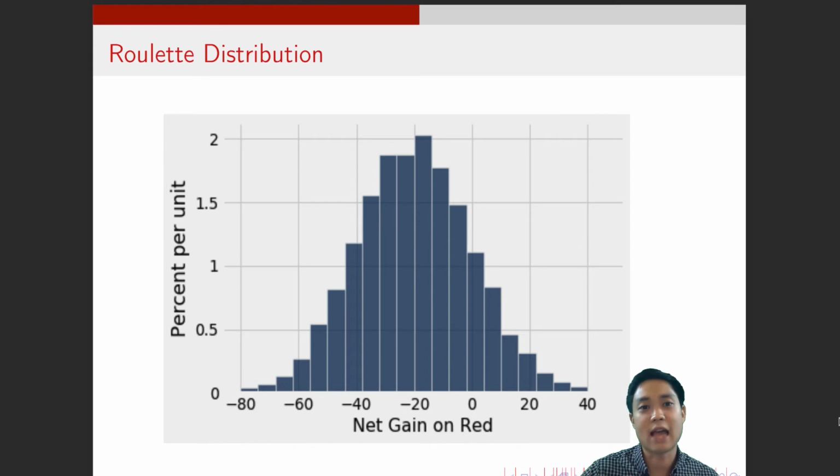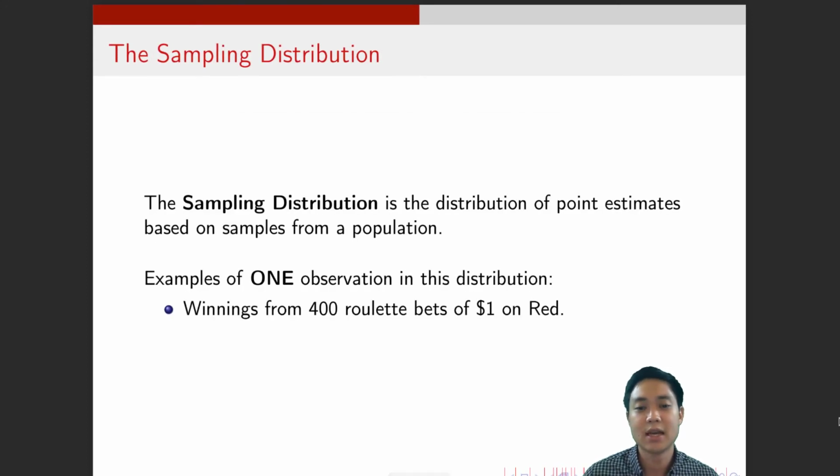And that's exactly what the sampling distribution is: the distribution of the point estimates based on samples from a population. If we were to take many samples from a population and compute some statistic. In this case, we looked at what happens if we were to do 400 roulette bets, and the overall sum of your winnings or losses.